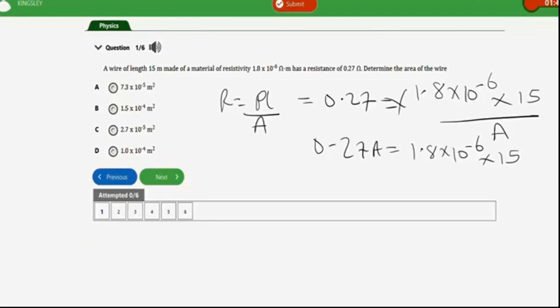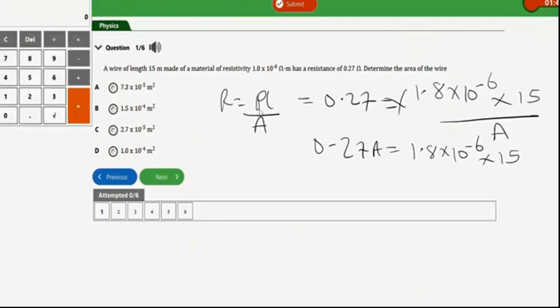So let's punch this on the calculator. We are going to divide both sides by 0.27 to get our A.